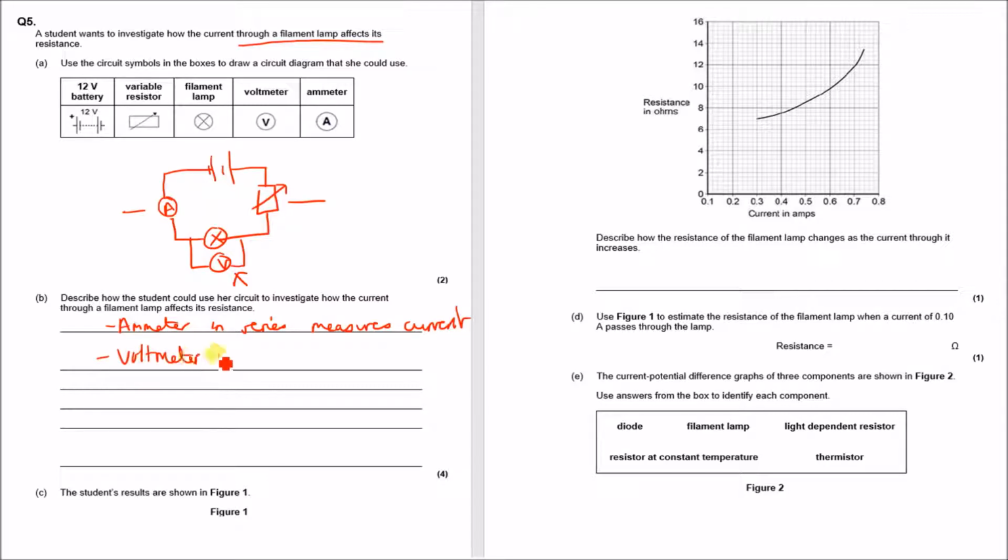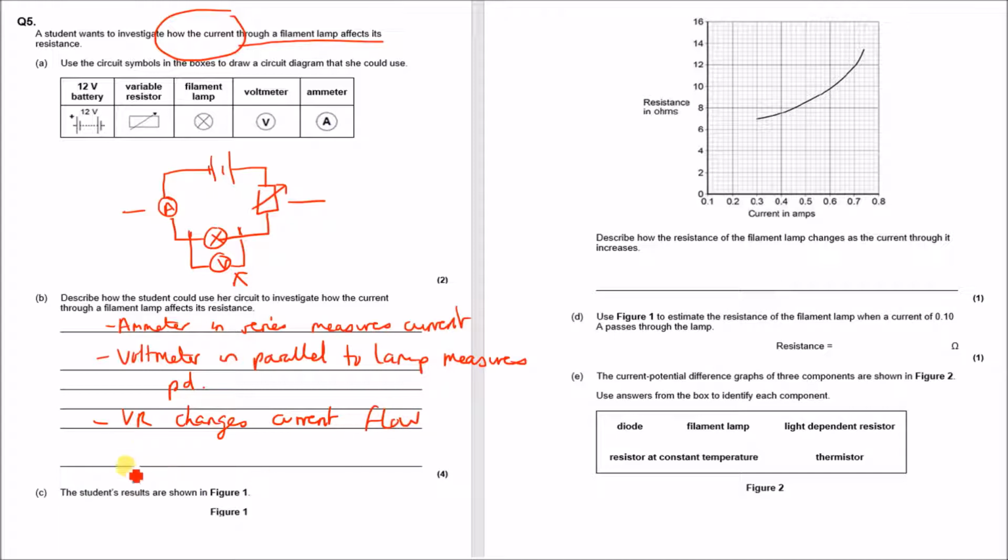Voltmeter in parallel, remember it's in parallel to the bulb or lamp, so in parallel to lamp measures potential difference, which is the difference in voltage from this point here to this point here. We've got here a variable resistor, and that is there to change the current flow because we need to investigate current, so we need something that's going to change it. So variable resistor changes current flow, which is our independent variable.